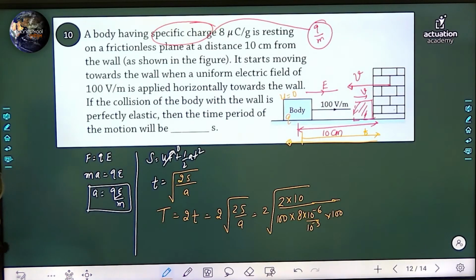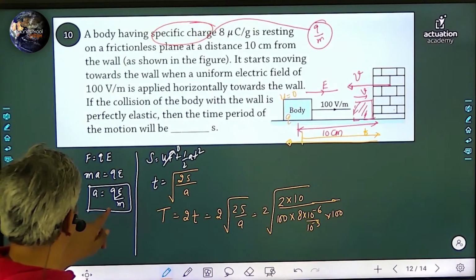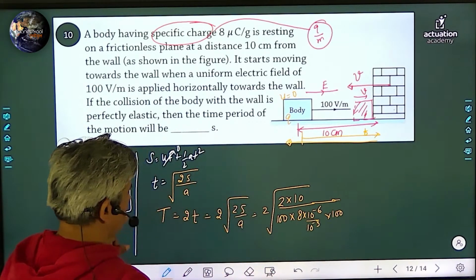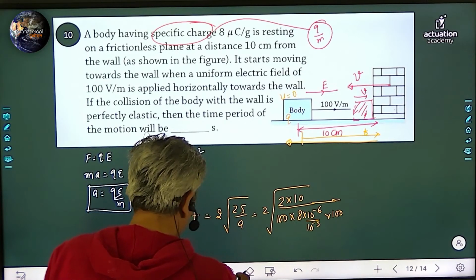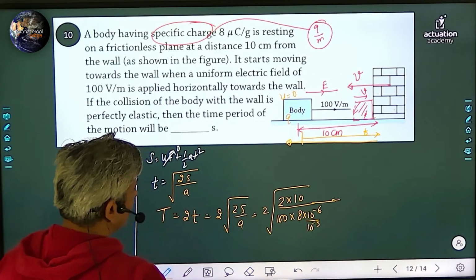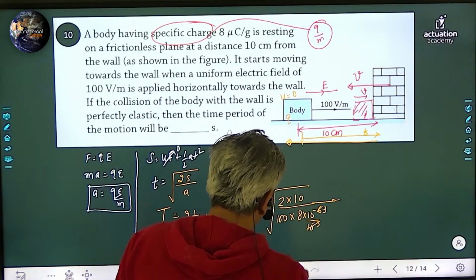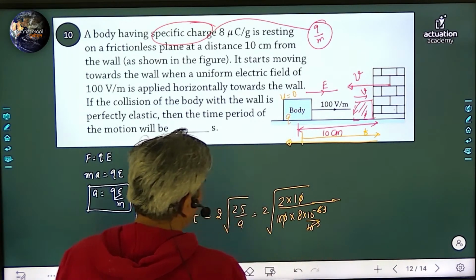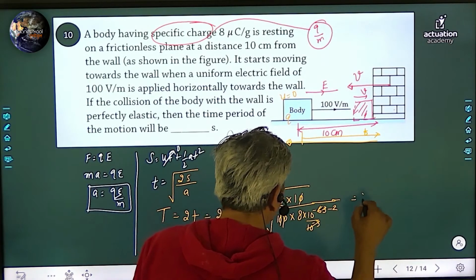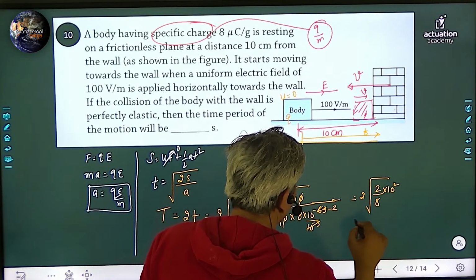QE by m. I think I have written it twice. Okay, so let's solve this. This will go off, and this will become minus 3, this will go off, and this will become minus 2, and on top it will go 2 under the root 2 by 8, and this will become 10 raised to power 2.